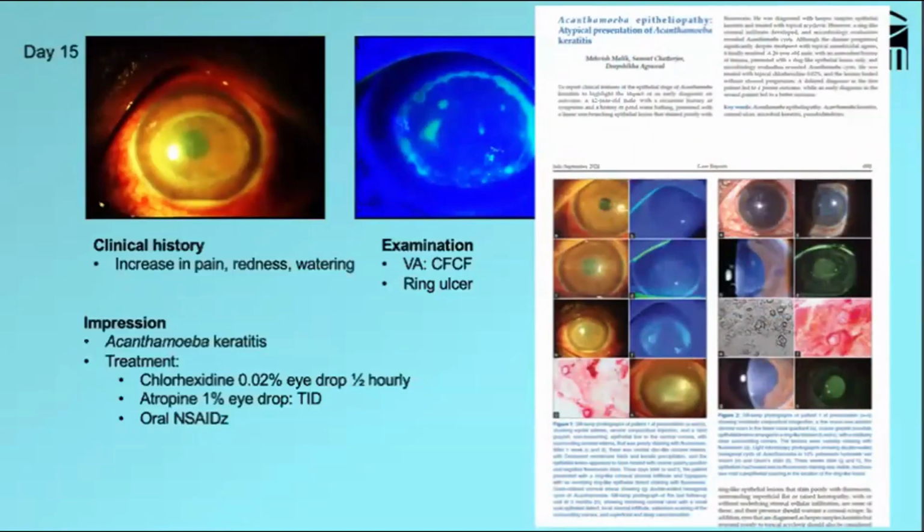So acanthamoeba keratitis can have what we and others have termed acanthamoeba epitheliopathy. That is, in the early stages, the infection is restricted to the epithelial layer, and that can become a diagnostic challenge. One needs to be very suspicious about atypical lesions.